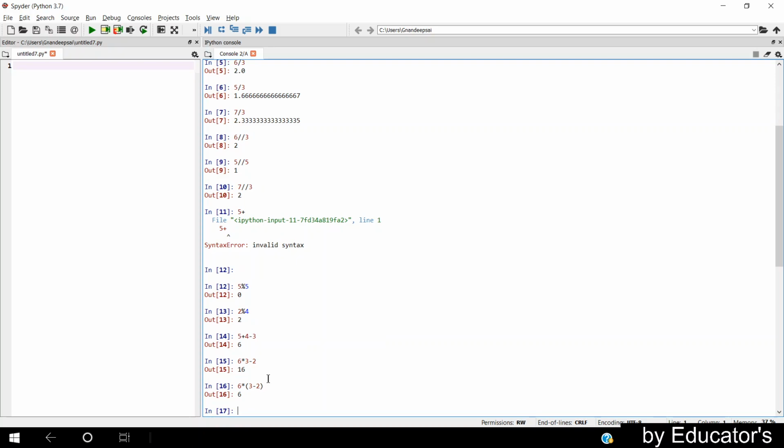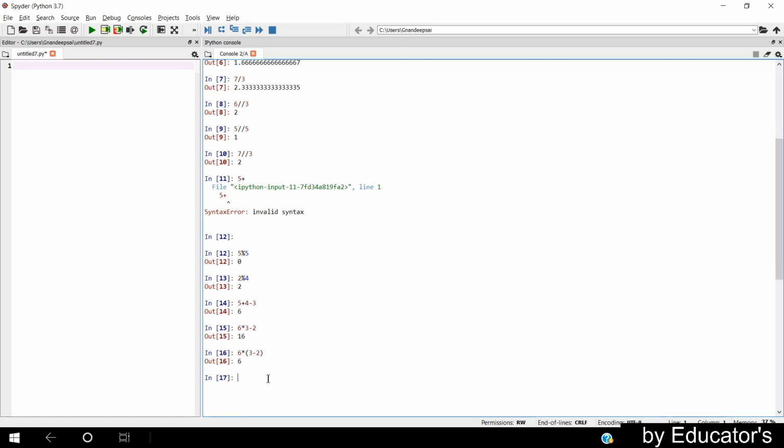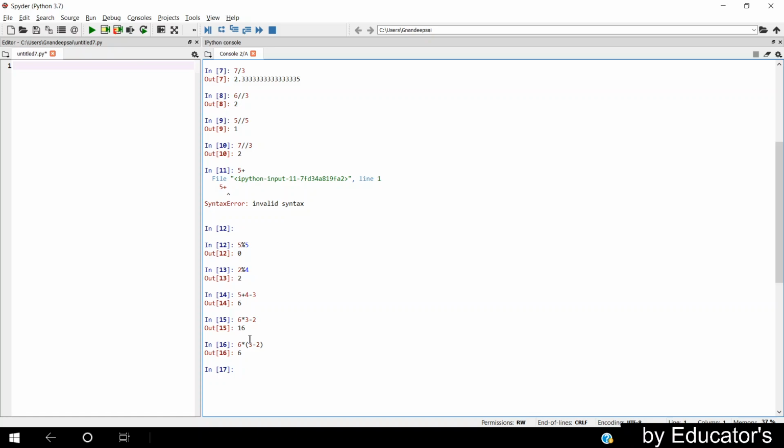It is the same way we use in our mathematics, right? BODMAS rule: brackets, division, multiplication, addition and subtraction. So great, we came so far, and I'll be introducing you to another kind of error message other than syntax error.